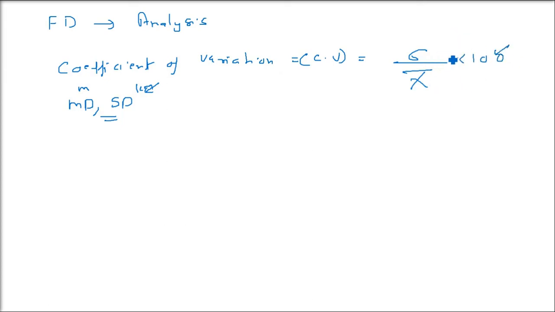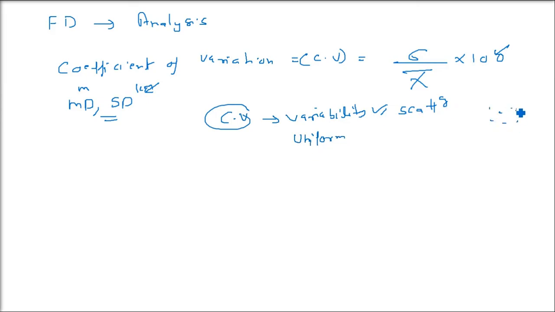When you compare the variability of two series using the coefficient of variation for each series, whichever has a greater CV is said to be more variable, or conversely, less consistent, less uniform, less stable, less homogeneous than the other one.